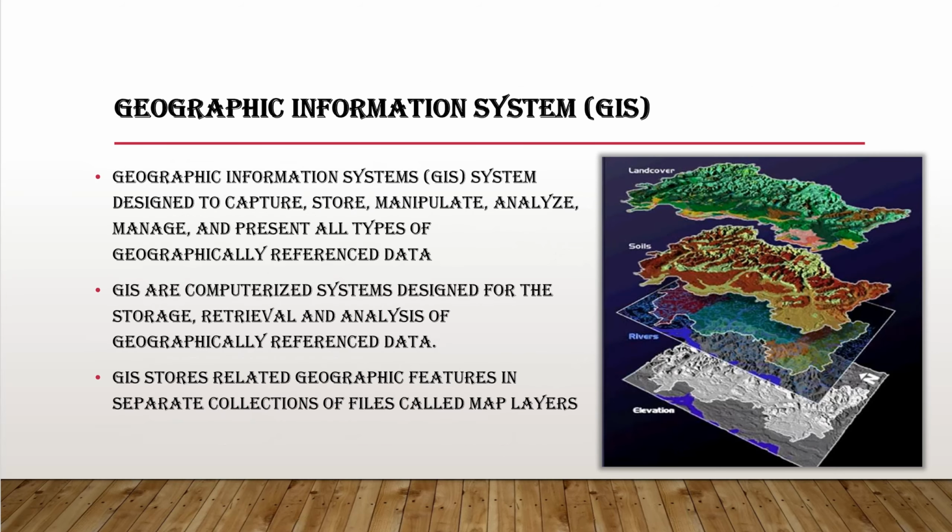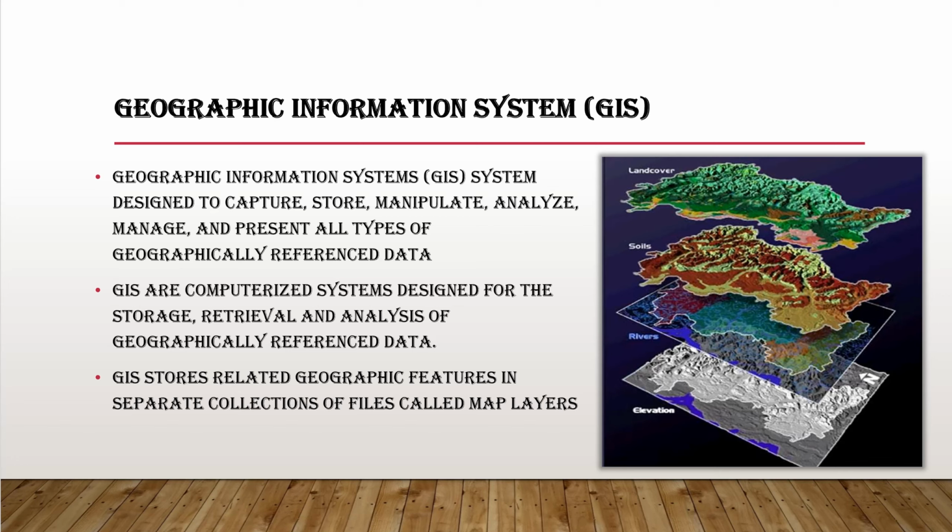Now we will discuss the Geographic Information System, that is GIS. The Geographic Information System is designed to capture, store, manipulate, analyze, manage and present all types of geographically referenced data. Geographical information systems are computerized systems designed for the storage, retrieval and analysis of geographically referenced data.